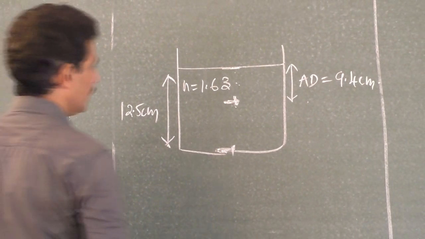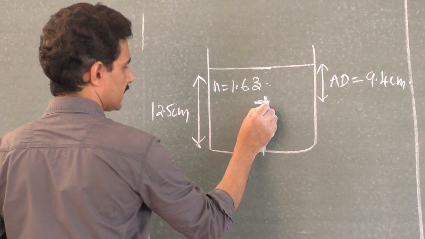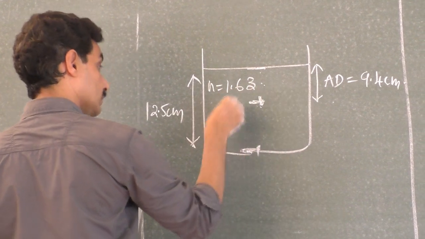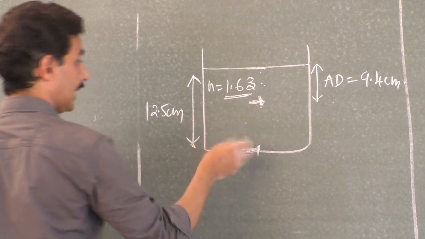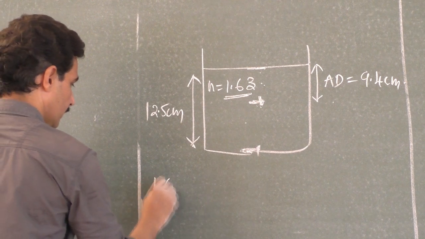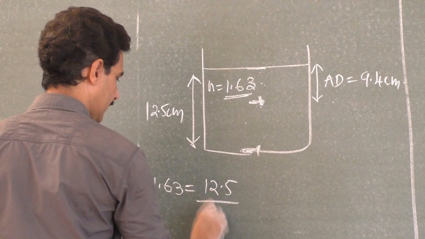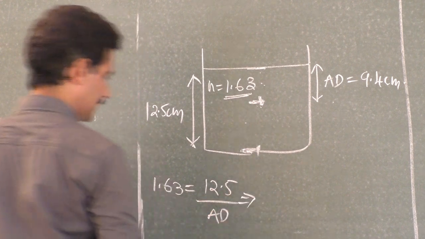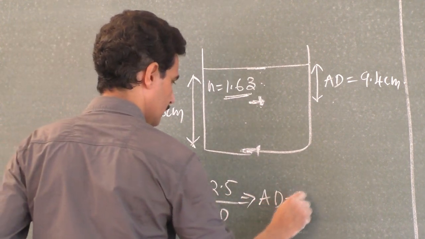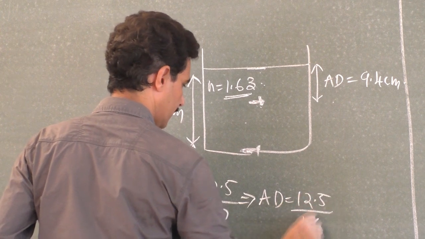Okay. Now it is at a depth of 9.4 centimeters when it is water. When this is filled, what is the apparent depth we will calculate. Now, refractive index is equal to real depth by apparent depth. That implies apparent depth is equal to 12.5 divided by 1.63.